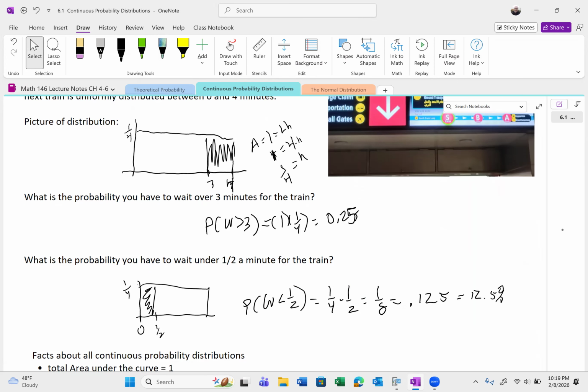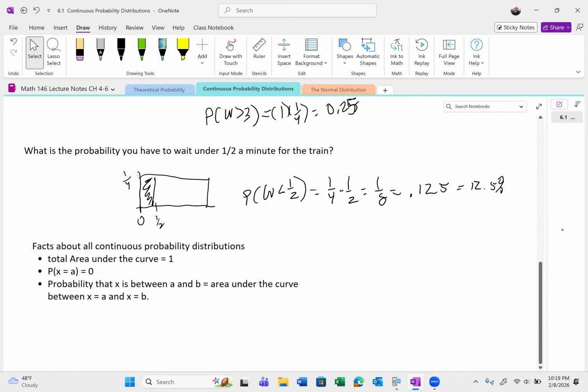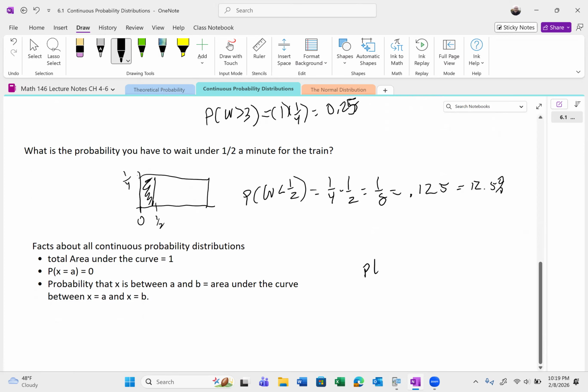Some nice facts about these continuous probability distributions, as we've mentioned before. The total area has to equal 1. The probability that you look at any individual number is 0. So the probability that you have to wait less than or equal to 1/2 is also going to be 0.125.